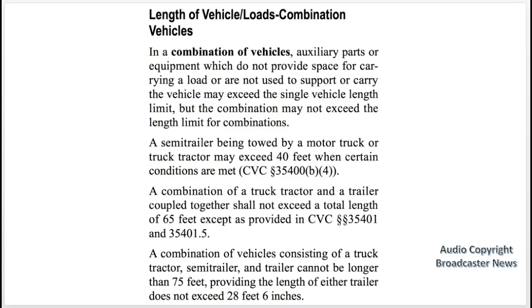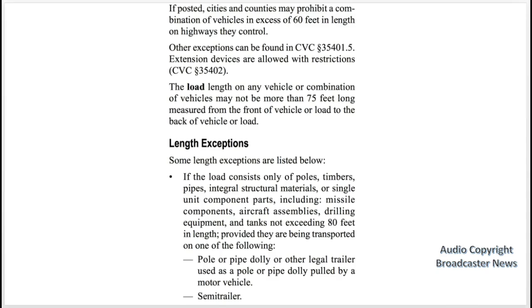A combination of vehicles consisting of a truck tractor, semi-trailer, and trailer cannot be longer than 75 feet, providing the length of either trailer does not exceed 28 feet 6 inches. If posted, cities and counties may prohibit a combination of vehicles in excess of 60 feet in length on highways that they control.